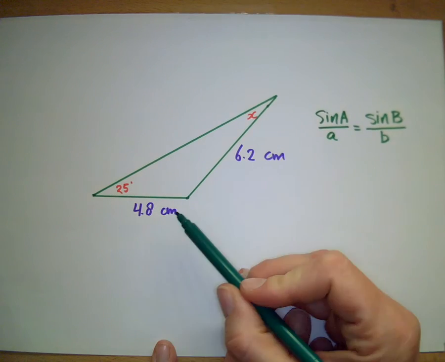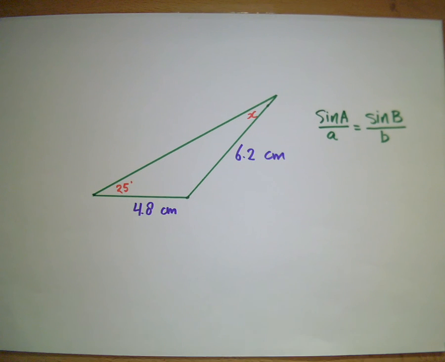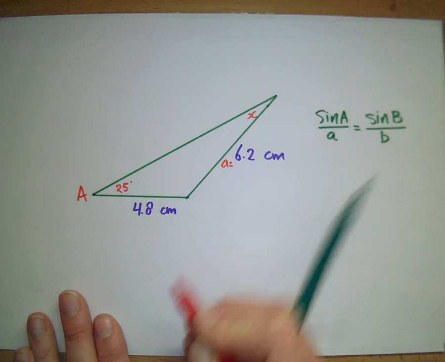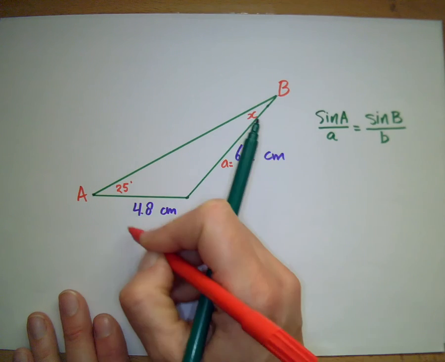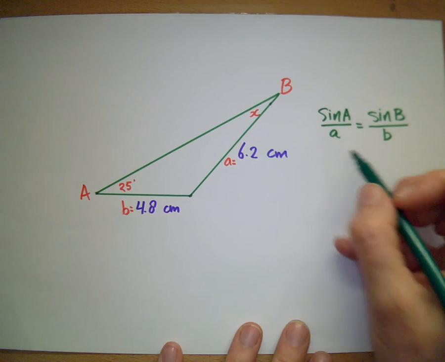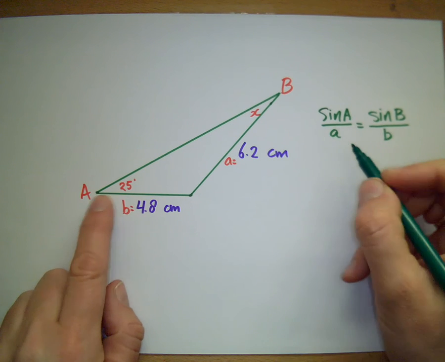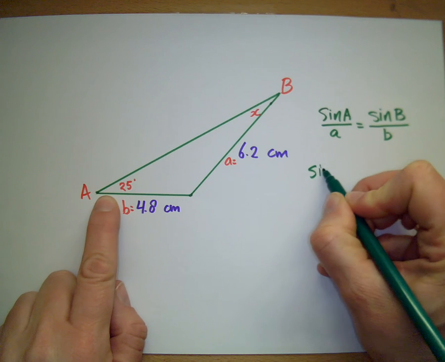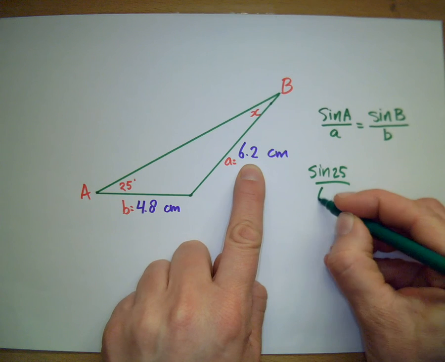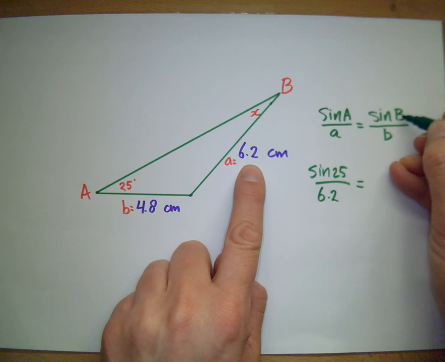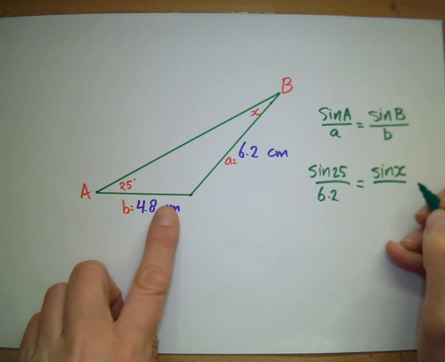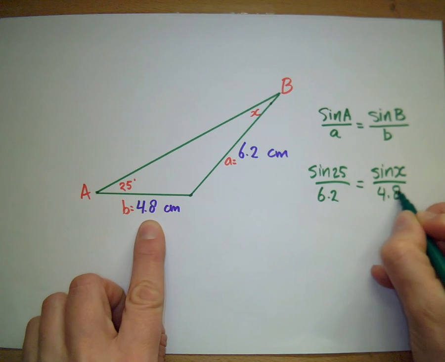All right. Let's call this angle A and this side A. We'll call this angle B and this side B. When we plug in our numbers, here, the sine of A, so sine of 25, divided by side A, 6.2, is equal to the sine of angle B, which is the unknown, sine of x, divided by 4.8.